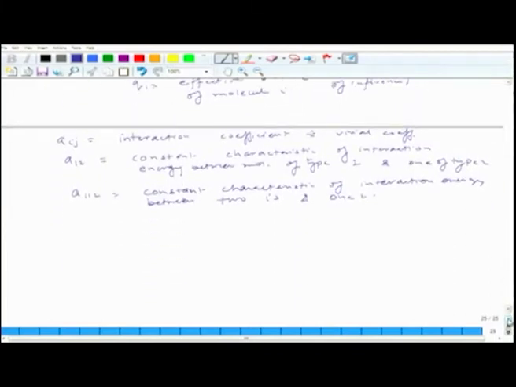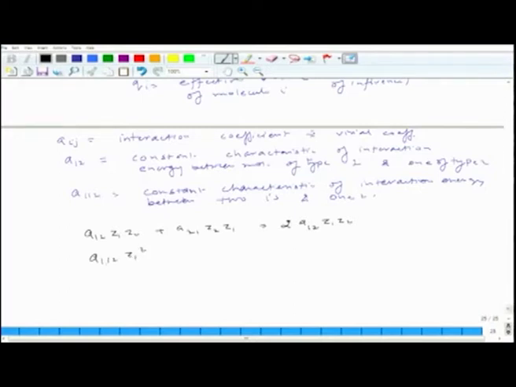So, for example, if you look at it here, A12 multiplied by Z1 Z2, effective volume fractions, plus A21 Z2 Z1, this is considered to be the same, and that's why you have A12 Z1 Z2. Similarly, we can consider A112 Z1 square Z2.